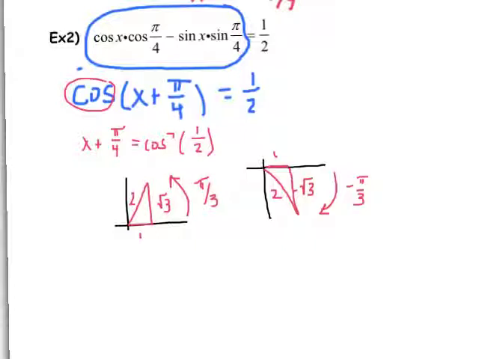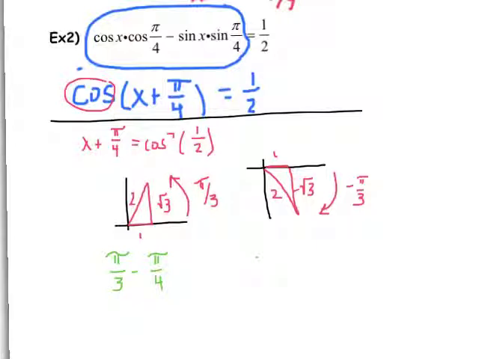All right, but that's not all we have to do, because this is an answer to just the right-hand side. And so in order to get x totally by itself, I'm going to have to subtract pi over 4. So pi over 3 minus pi over 4 is an answer.